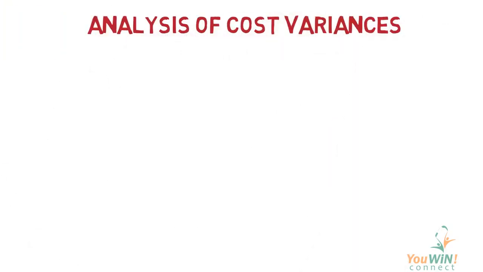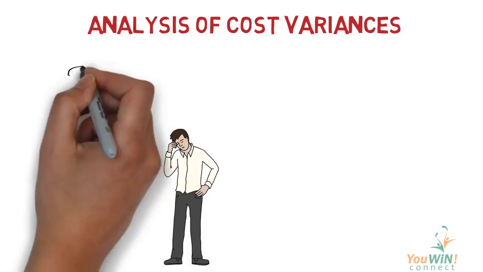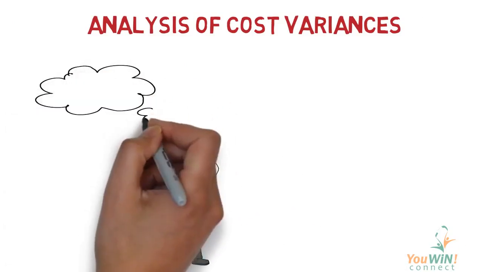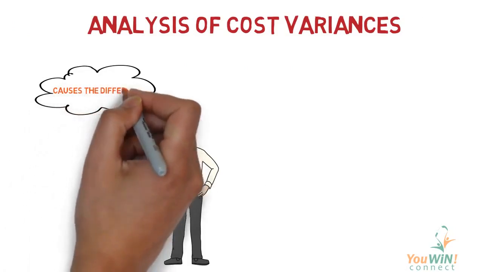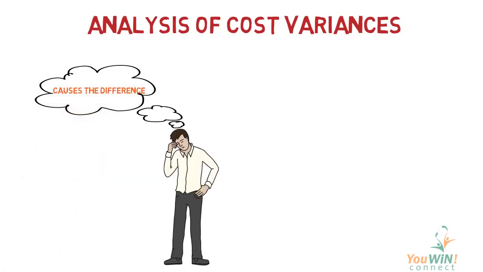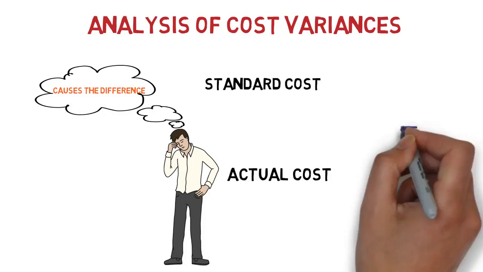Analysis of cost variances. In order to control costs, we must first be able to analyze what causes the difference between the standard cost we have set as an organization and the actual cost we have incurred.